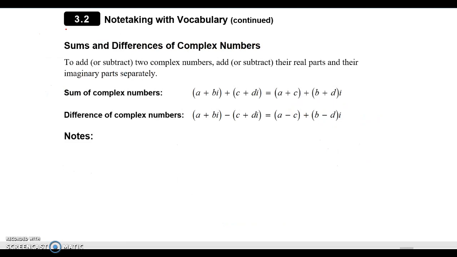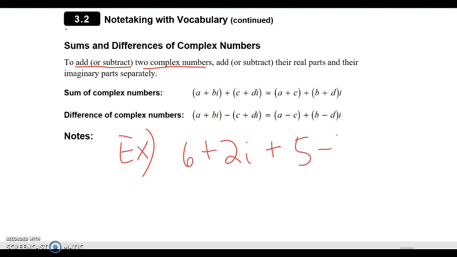Now we're looking at page 53 of your journal, and it says to add or subtract two complex numbers, their real parts and their imaginary parts are separate. So for an example here, if I had 6 plus 2i plus 5 minus 3i, then I would just combine the real parts, so 6 and 5.